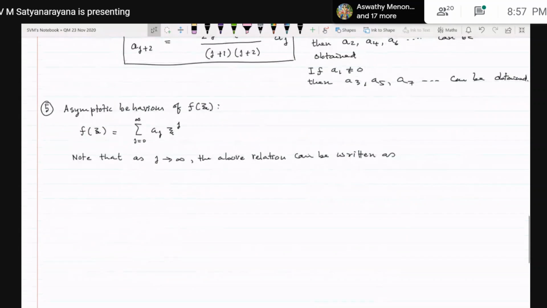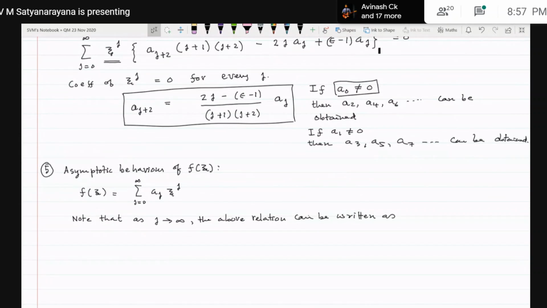so if j is going to infinity, your epsilon minus 1 can be neglected, j plus 1 and j plus 2 can be written as j. So you will write aj plus 2 is equal to 2 by j into aj.